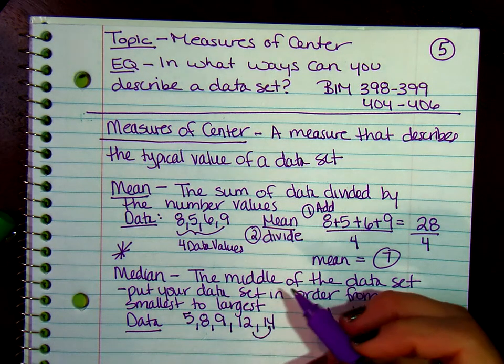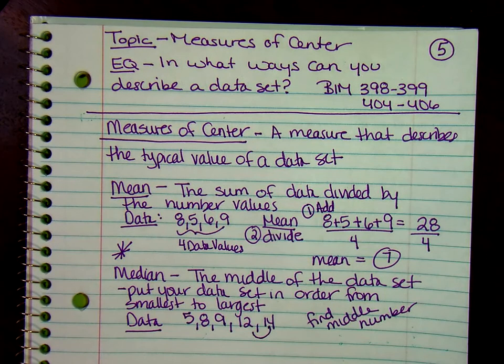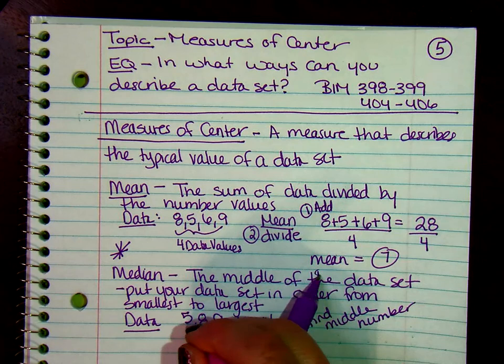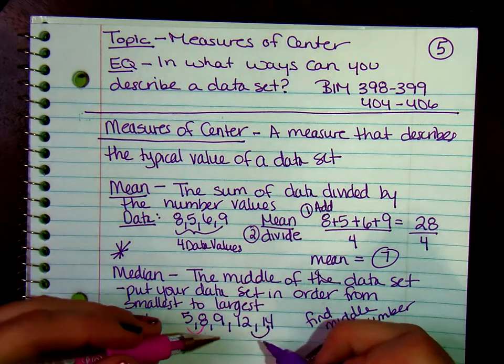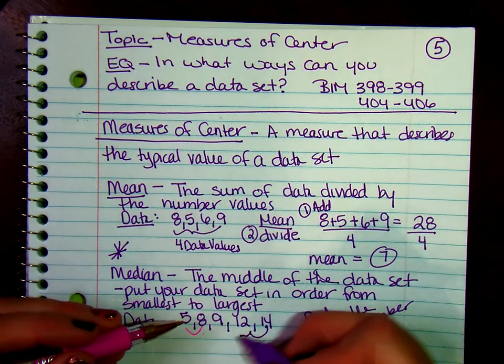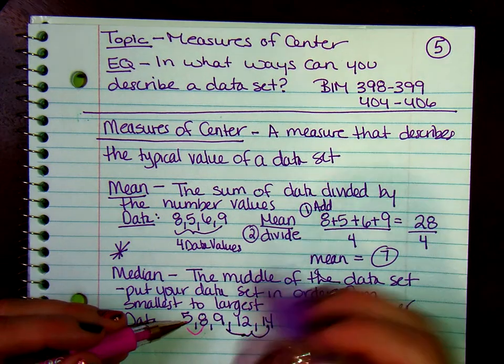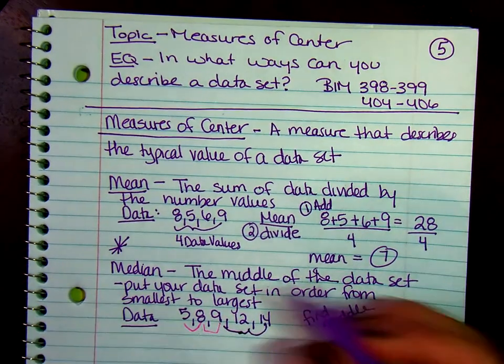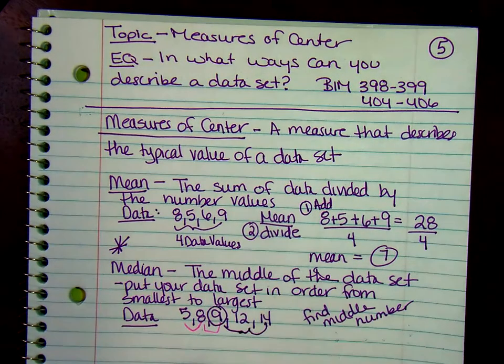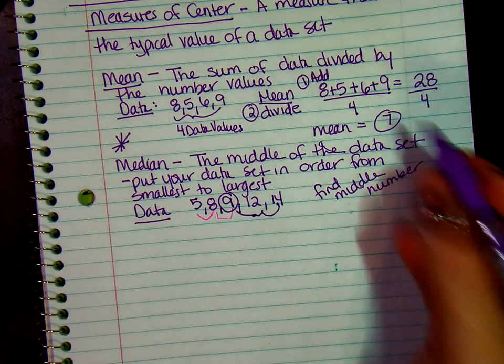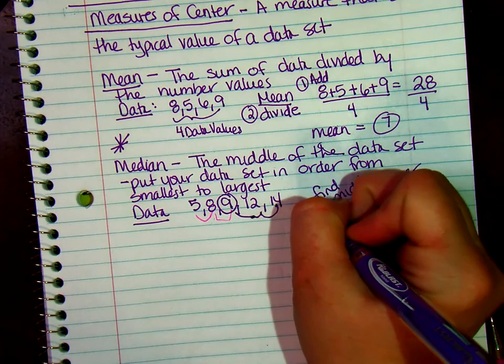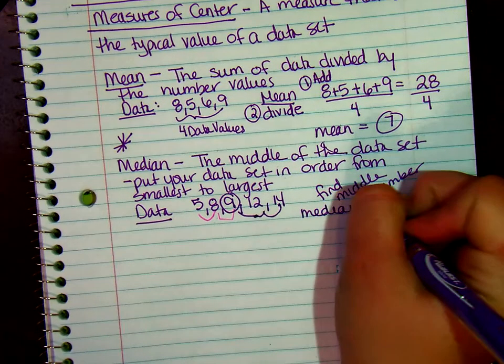So 1, 2, and then I get to the middle, 9. So our median equals 9.